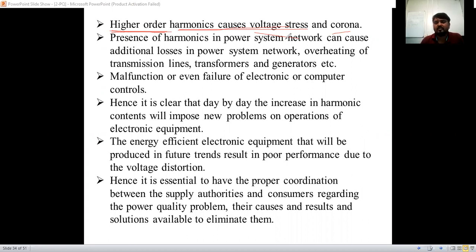Can anyone tell me? Diploma students are also there, and you have already studied this in the power system subject. This is corona, not COVID-19.